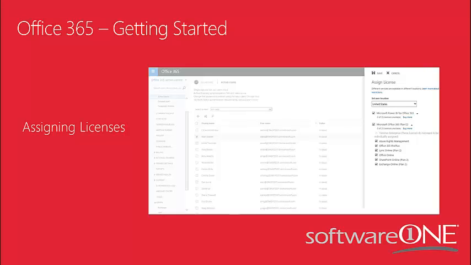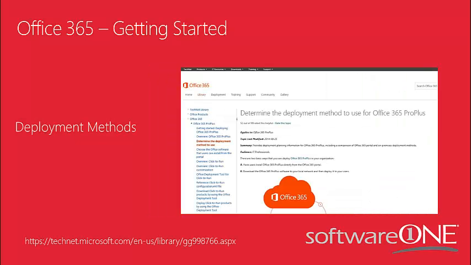The deployment methods. We mentioned this earlier. The deployment methods, again, are additional sets. So I still can run Office 365 deployments through my System Center server. I could still embed it in my default image when I provision a new device for my end users.